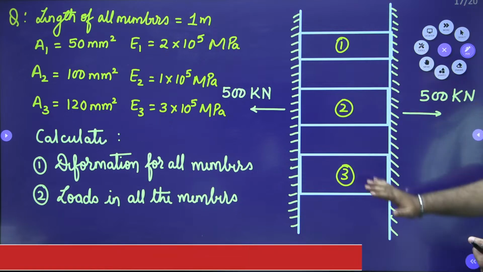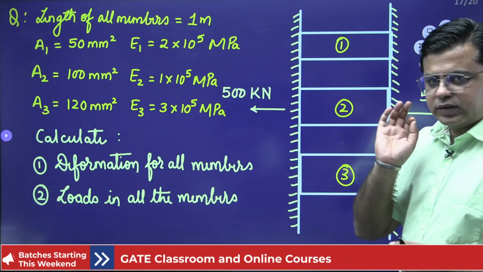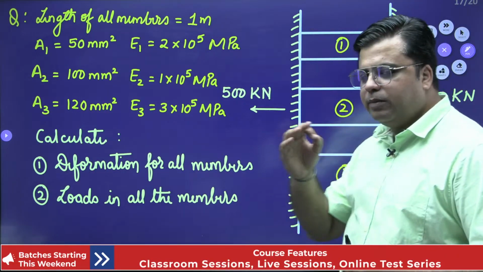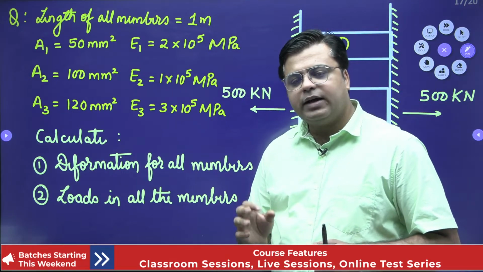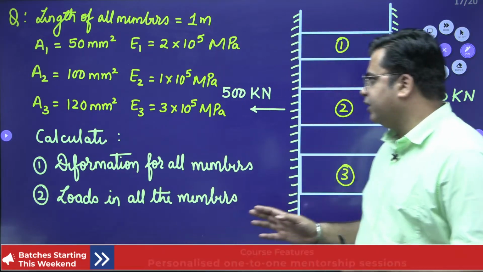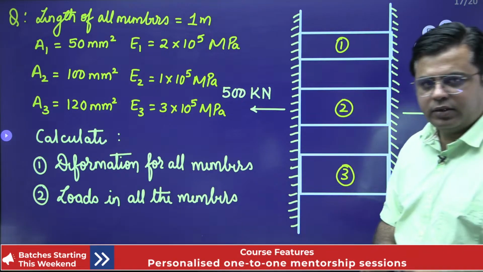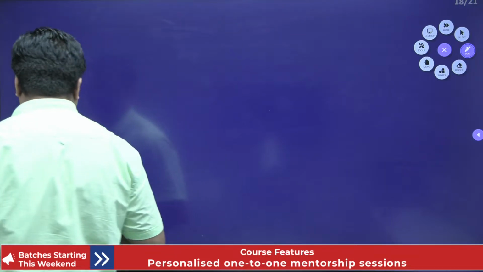Whenever members are connected in parallel, the first thing is clear that deformation of all the members will be same, right? And that can be calculated either by calculating the deformation for member 1, member 2 or member 3, right? So the total deformation is same.